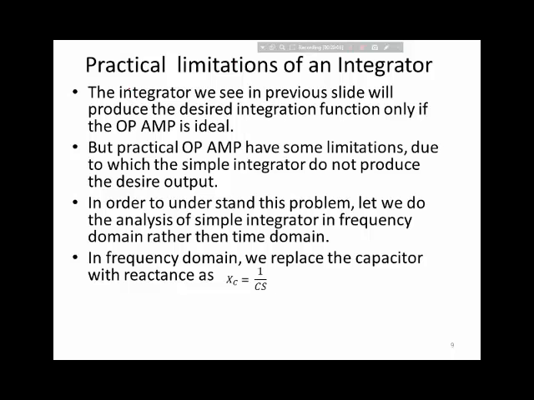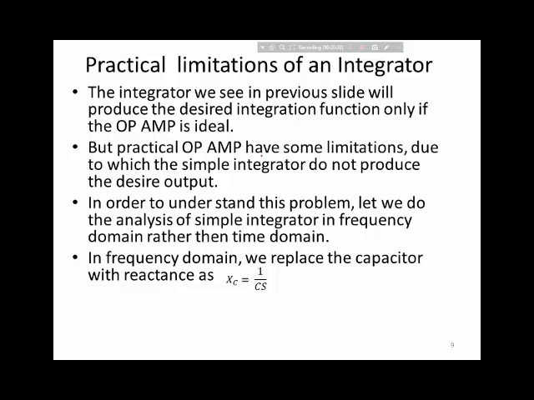There are some practical limitations for an integrator. The integrator we saw in previous slides will produce the desired integration function only if the op-amp is ideal. But a practical op-amp has some limitations due to which the simple integrator does not produce the desired output.